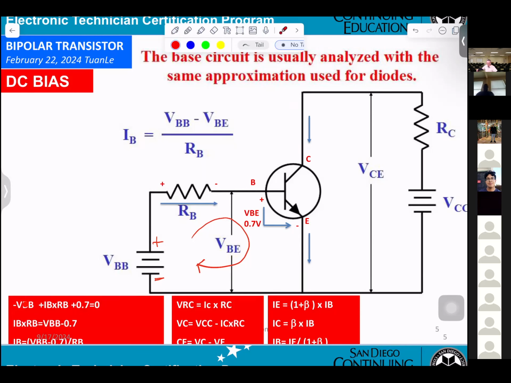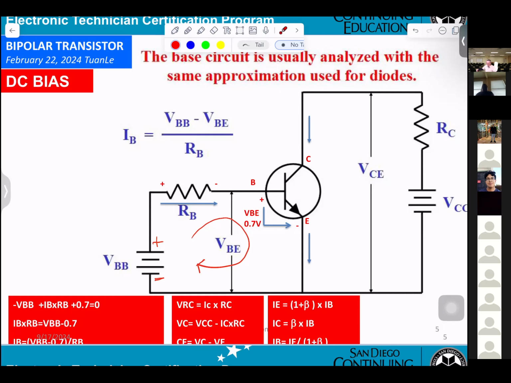That's the first thing. After that, they go to RB. That's why the current will be IB times RB. That means you get the voltage. You plot IB times RB. And you hit 0.7 volt, positive, negative.